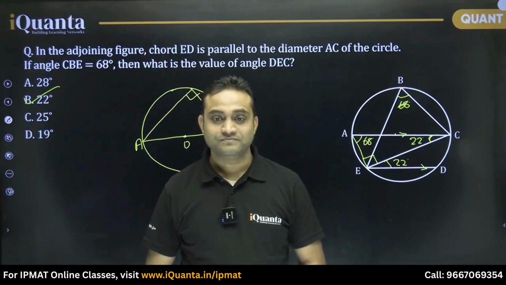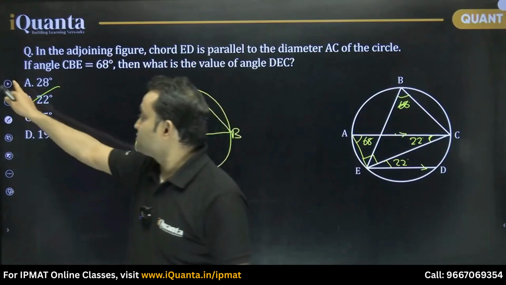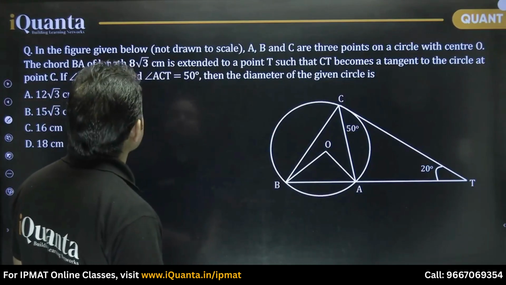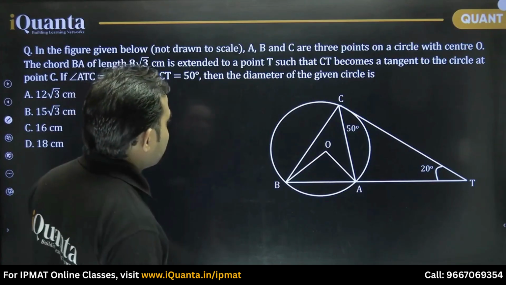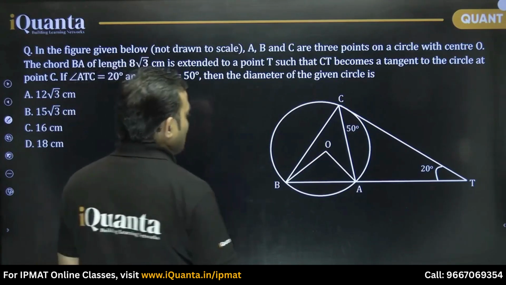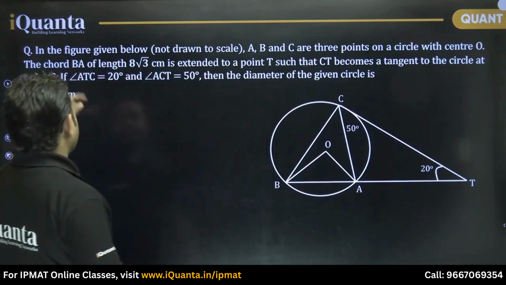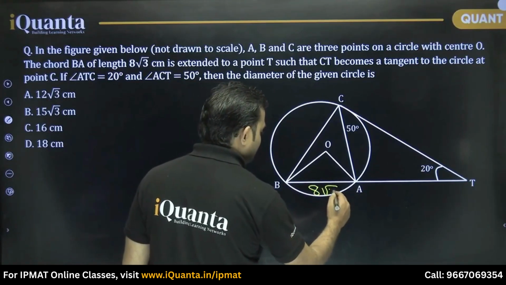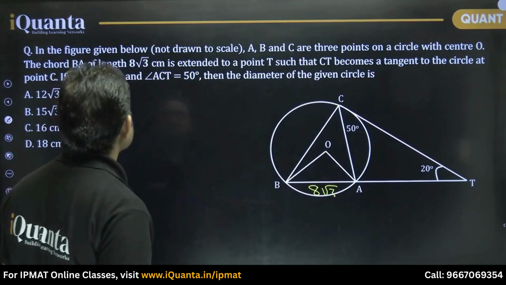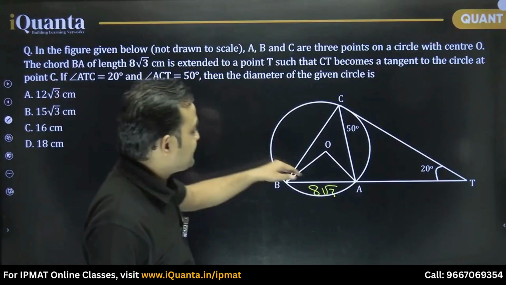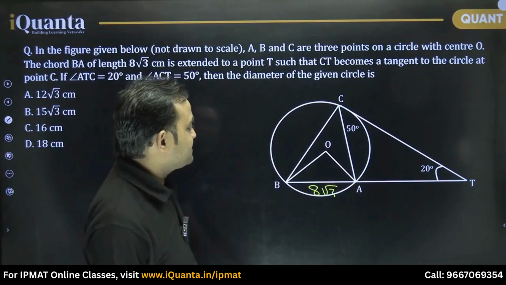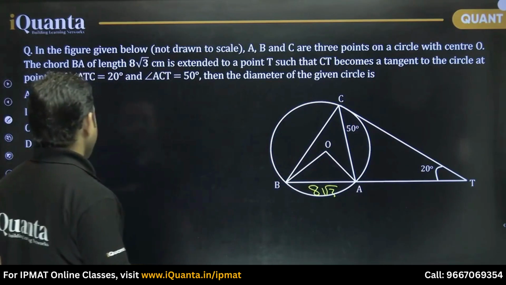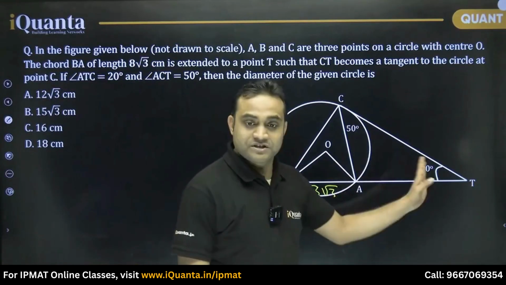Alright. Now, let's go to the next question. It says, in the figure given below, which is not drawn to scale, A, B and C are 3 points on a circle with center O. The chord BA of length 8 root 3, BA is 8 root 3, is extended to a point T such that CT becomes a tangent, CT is a tangent to the circle at point C. Angle ATC is given, which is 20 degree.